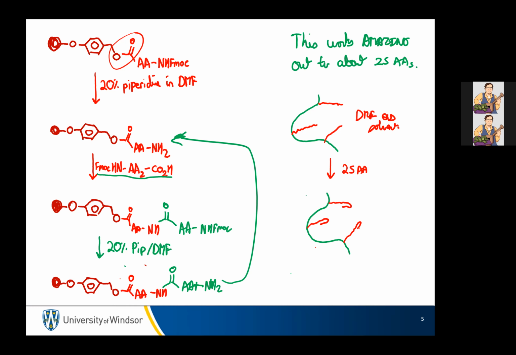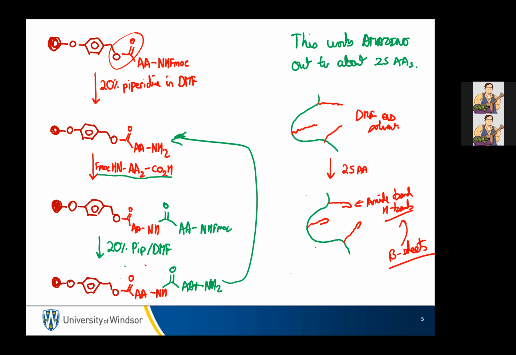And that's because you start getting H bonds between adjacent amide bonds. You start making beta sheets. Okay, you start getting secondary structure.